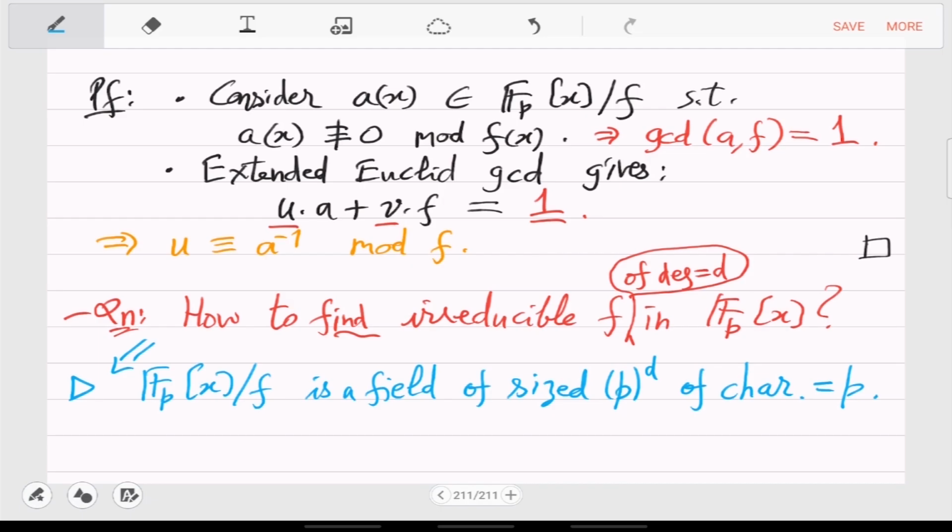So this will be your first field. If f exists, this will be the first field that you have seen where characteristic is p, because Fp is a subset. This object is a field and it is of size prime power. Right, till now you have only seen d equal to 1. So you don't even know about d equal to 2, but you will get all those constructions if you find this f.